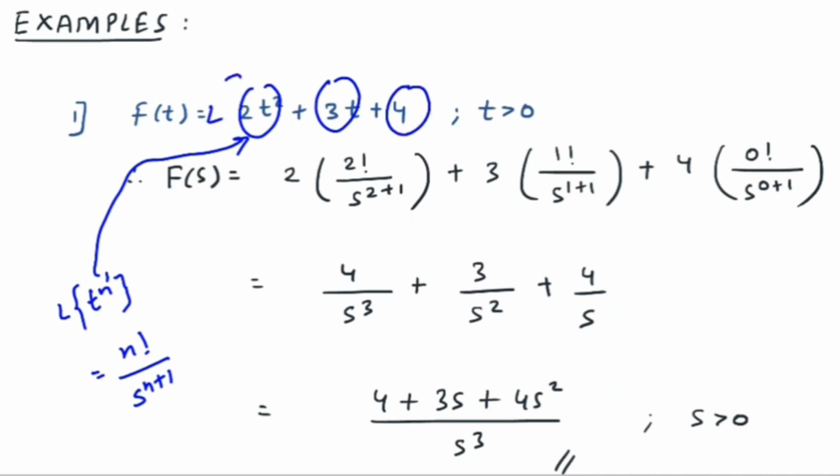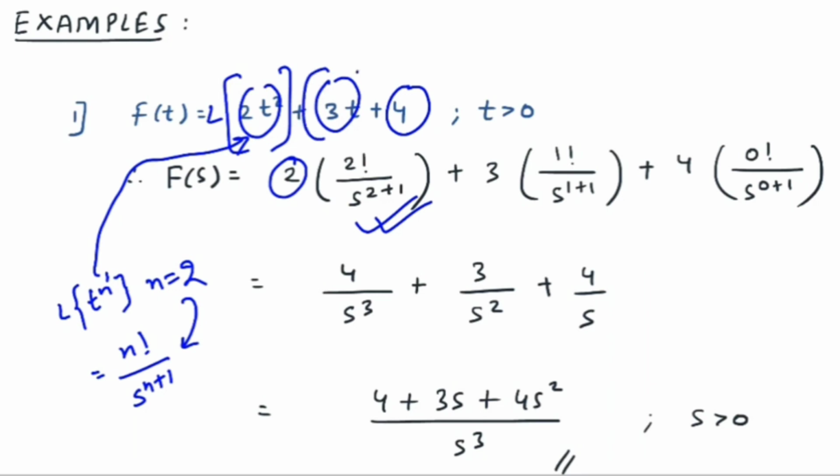So Laplace of this part is Laplace of 2t square. So 2 is constant, you can take it outside. So Laplace of t square, just substitute n is equal to 2, right? So Laplace of t square would be 2 factorial upon s raised to 2 plus 1, right? You just have to plug in the value of n here, and once you do that, you will get this bracket, that is 2 factorial upon s raised to 3, and you can move forward, right?